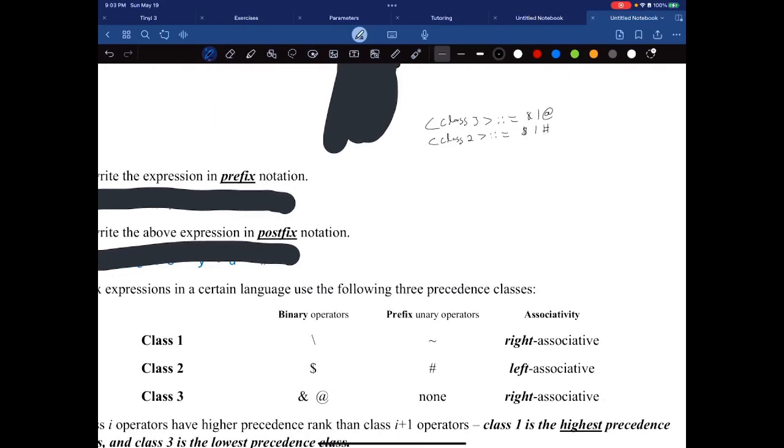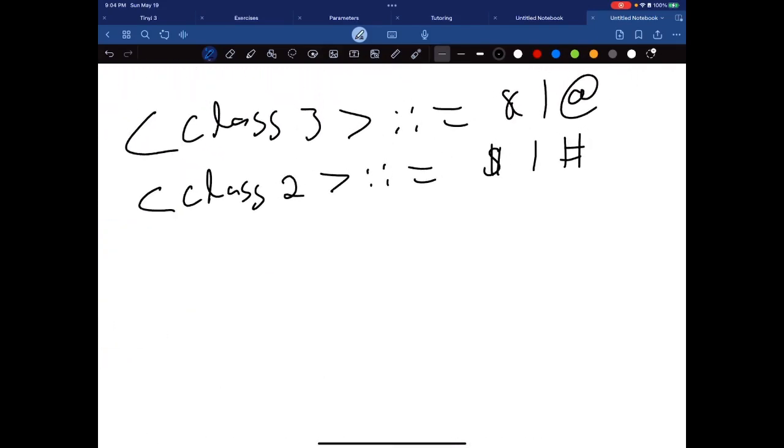Okay. Oh, actually, wait, hold on. Yeah, these need to be separated because they're binary and prefix unary. I'm just going to assume that they're all binary because the ones that he's given have all been binary. So I don't think he's going to change that. Hopefully. Actually, no. Let's just figure it out. So class 2B will represent binary, and class 2U will represent unary.